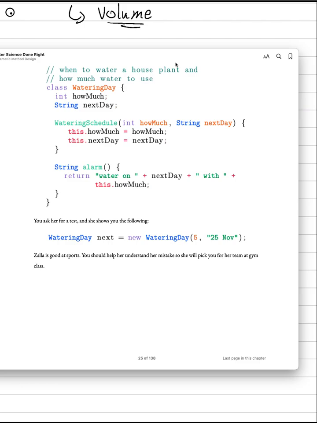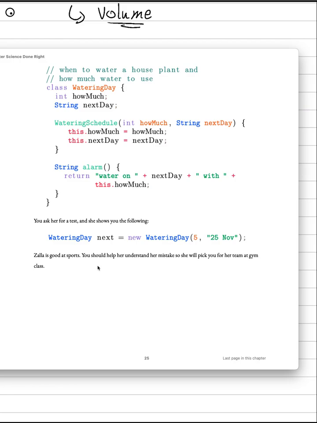Okay, so for the third problem, let's look at this code. Zala, who has heard about Ehsan's idea and has a similar idea for watering her plants, writes this code. First of all, she starts with a purpose statement, which is great: when to water her houseplant and how much water to use. Then she shows this for a test: watering day, next day, 5, and the next day to be November 25th.